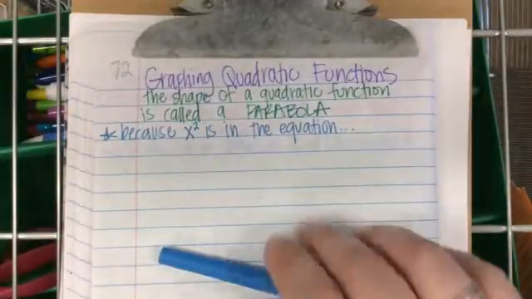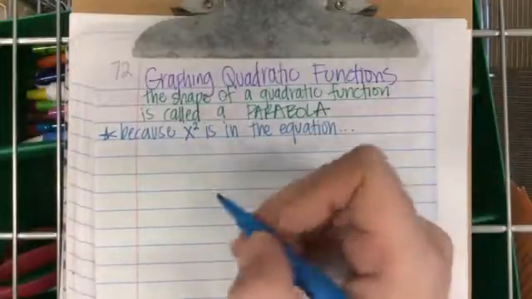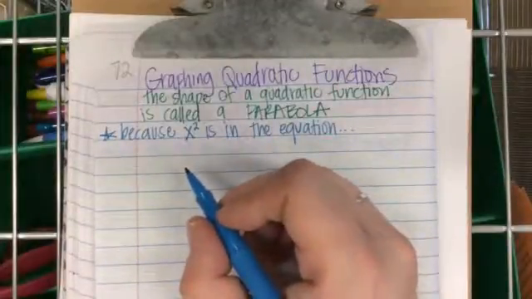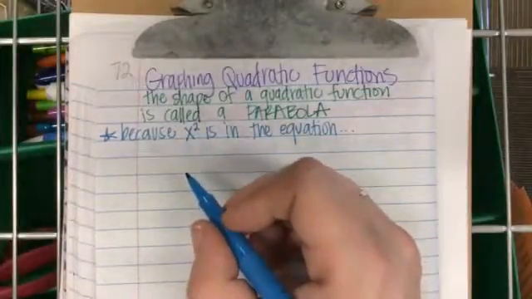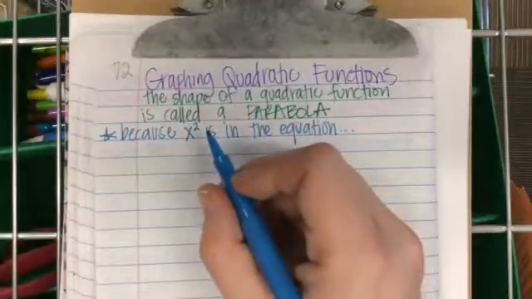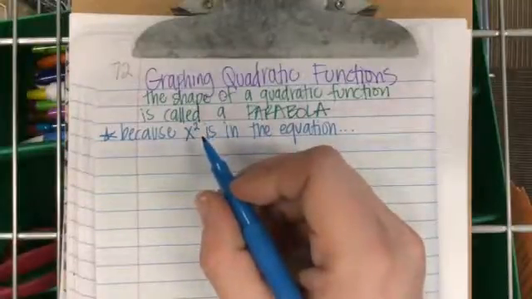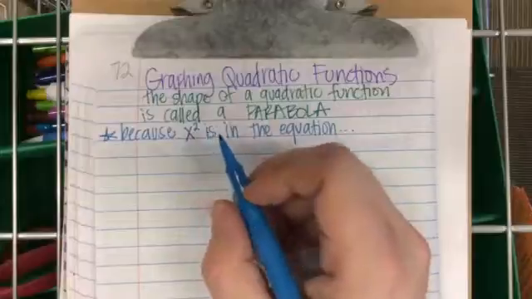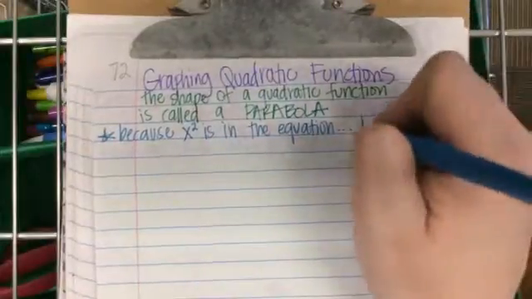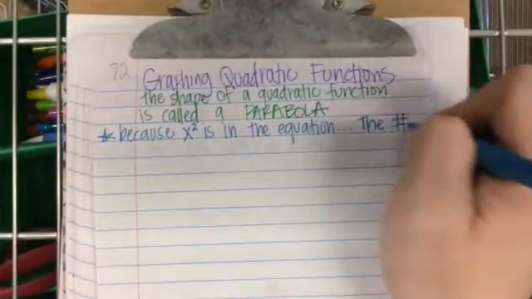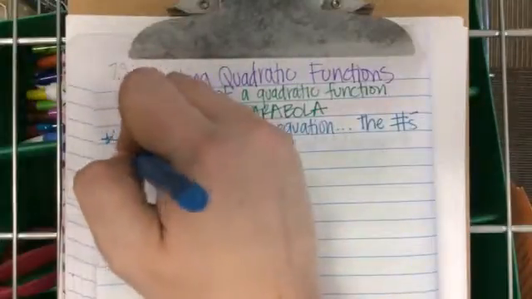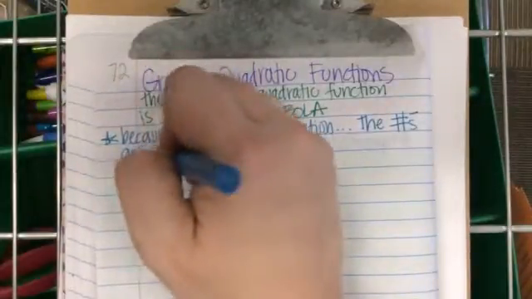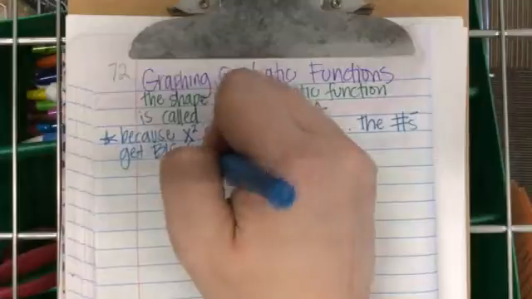And because x squared is in the equation, if I pick the number 5 to substitute for x, what's 5 squared? 25. Do you want to graph 25? The numbers get big fast.